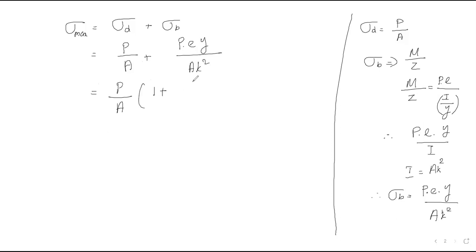So 1 plus E Y by k squared, that is equal to sigma max. Therefore, P is equal to sigma max into A divided by 1 plus E Y by k squared.